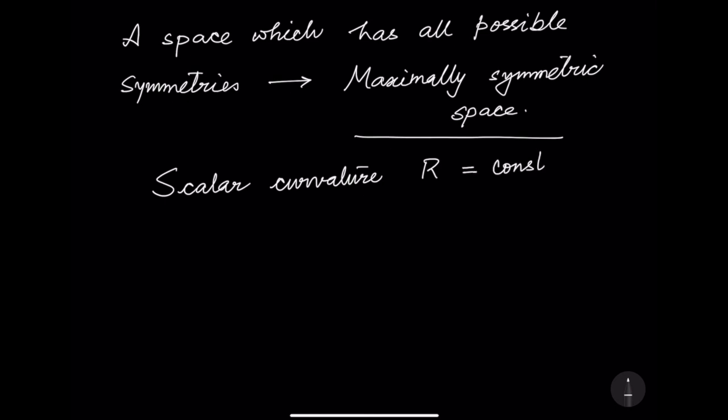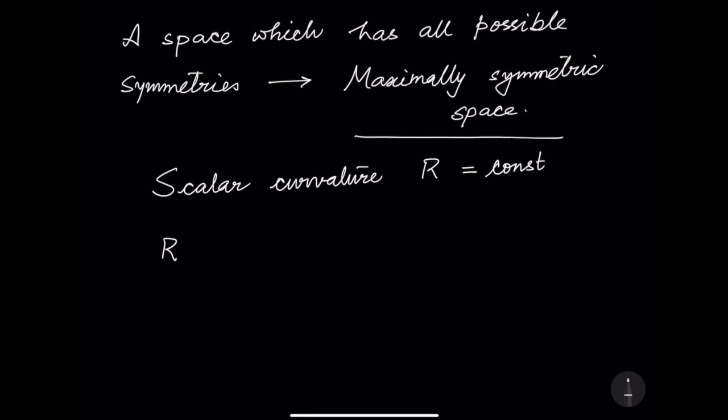It does not depend on the coordinates everywhere. So there is only one number which specifies the scalar curvature. In general, it can be different at different places. But if you measure it to be different at different places, then you can figure out that you are at a different position in your manifold. If you can figure that out, obviously you are not in a maximally symmetric space. The symmetry is broken.